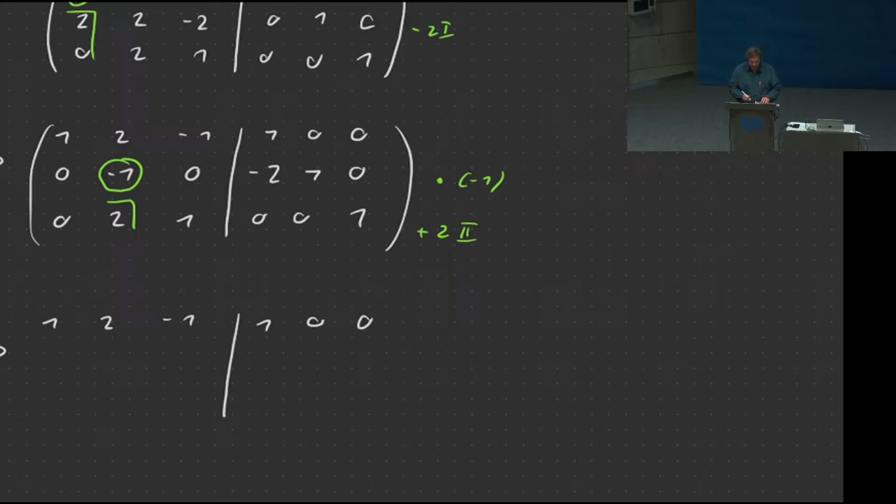I multiply the second row by minus 1, so I get 0, 1, 0. And here I get 2, minus 1, 0. And then I add this second row to this third row here, and that gives me 0, 0, 1. And on the right-hand side, I'll get minus 4.